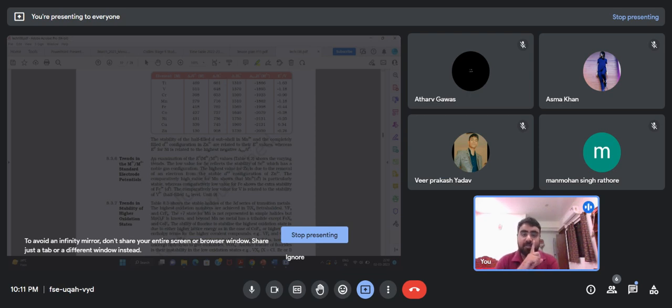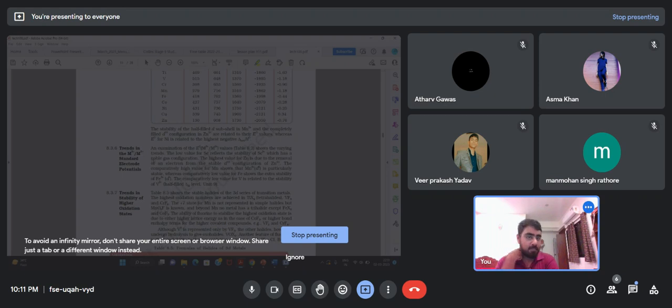If it is a stable electronic configuration, then and only then that element will have high electrode potential. I hope you would have learned that chapter, electrochemistry. There you can see a table, the series of the electrochemical elements. So that same thing is over here.